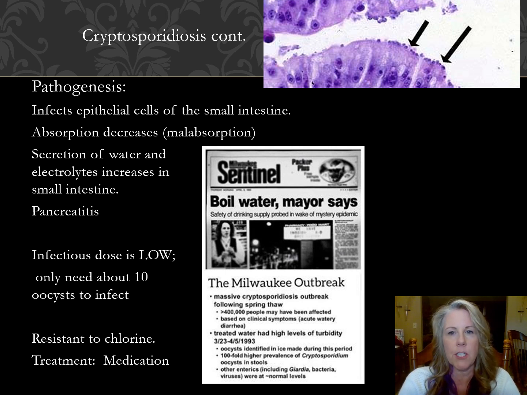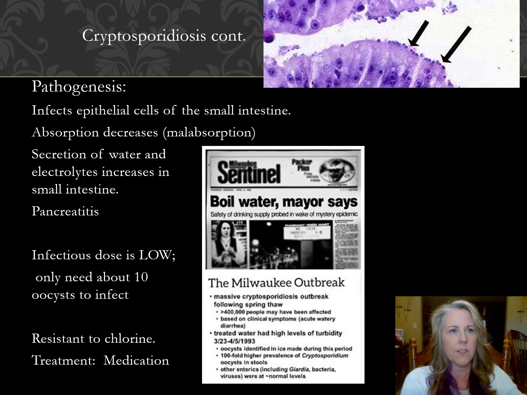There is medication to treat it, but we need to catch it very quickly before malabsorption and dehydration occurs in that individual, which can actually lead to death. In 1993 in Milwaukee, there was an outbreak of Cryptosporidium parvum, and it actually got into the city's water system, and it caused this huge outbreak.